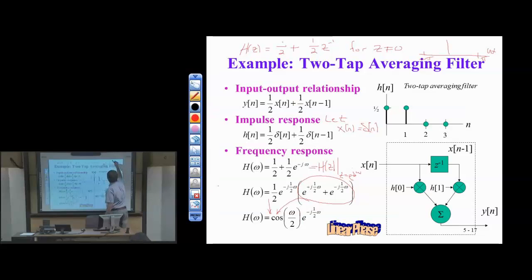So the magnitude response looks something like that. Not a great low-pass filter. It's got a pretty wide passband. But if you add more and more terms, you get a more and more narrow passband. That's the two-tap averaging filter, linear phase.